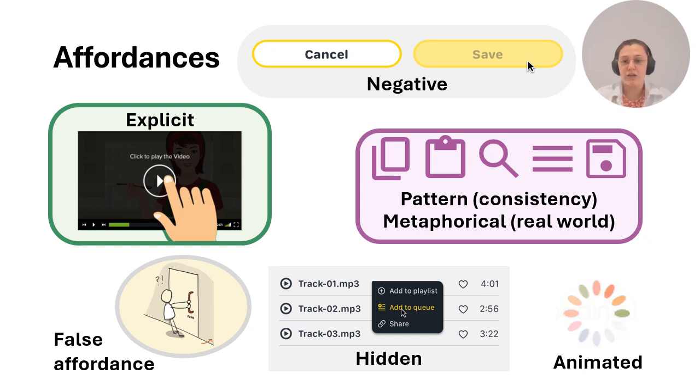That can be particularly useful for expert users who want functionalities that most users don't want to look at. And you can also have explicit affordances, where it tells you click to play the video, and that explicitly tells you what to do in that context.